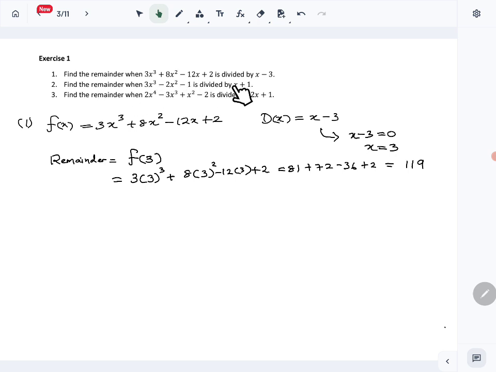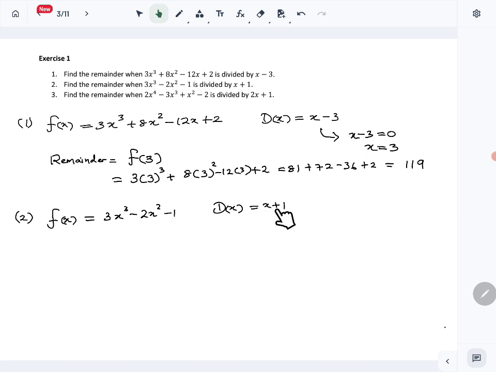So again a cubic divided by x plus 1, right? Let's take it as f of x: 3x cubed minus 2x squared minus 1. What is the divisor? x plus 1, right?